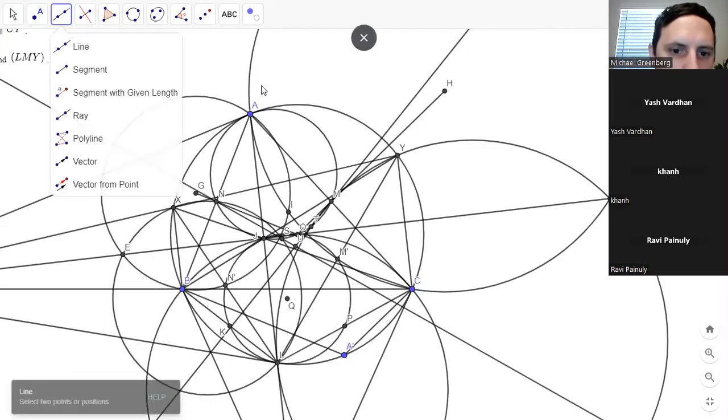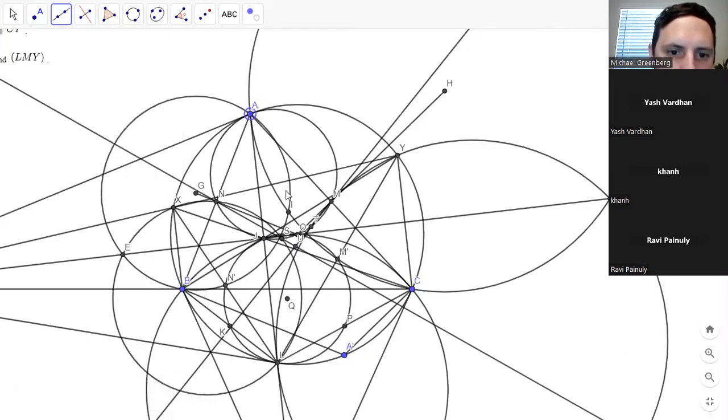Now I'm just confused. So let's see. Because like U should lie on the line AIO, right? Or no. If we take L, no, we want to show L, U, and O are collinear. Yeah, that would be equivalent. Okay.